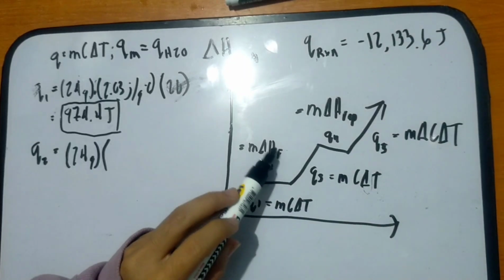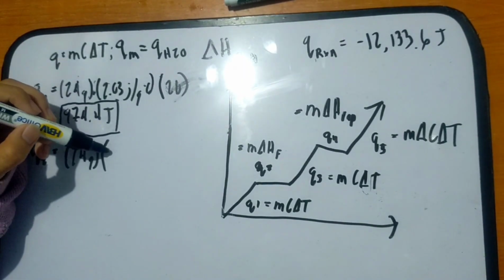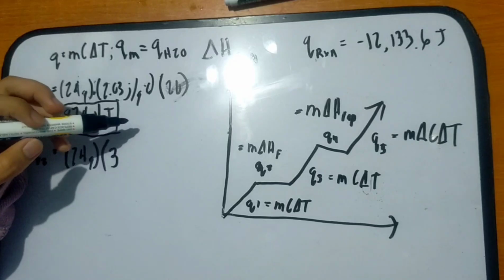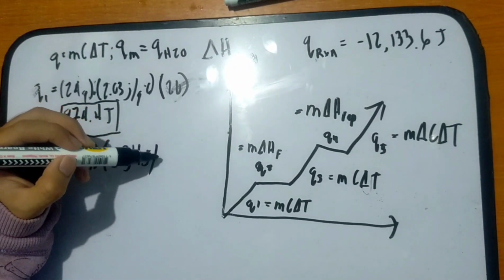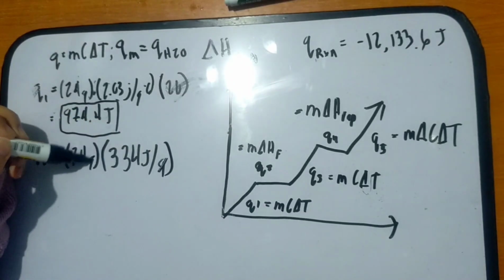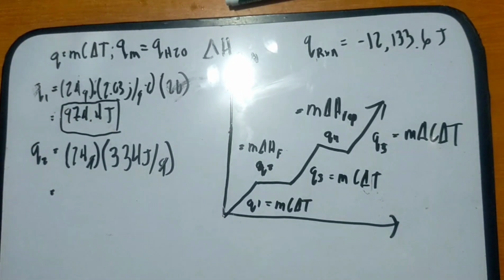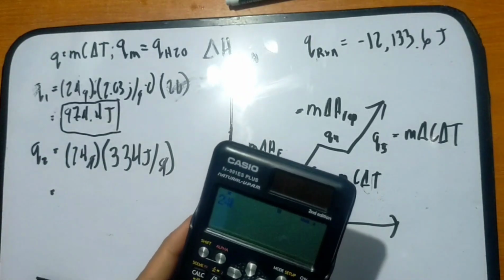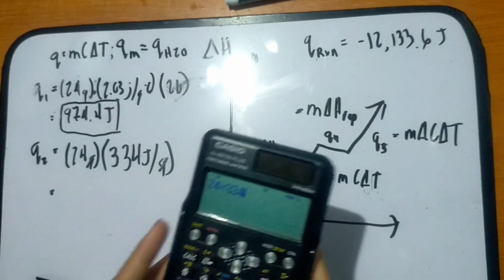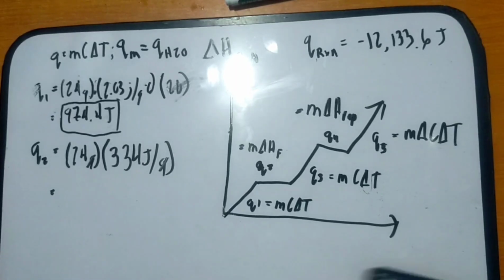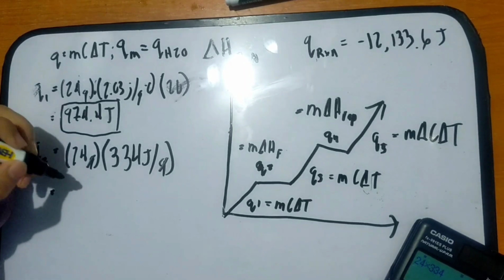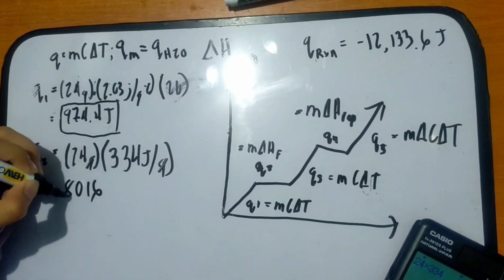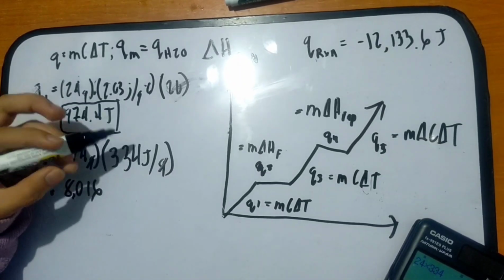So, our heat fusion given is 334 joules per grams. So, cancel out on grams. So, our answer here is 24 times 334 is 8,016 joules. Okay, joules.